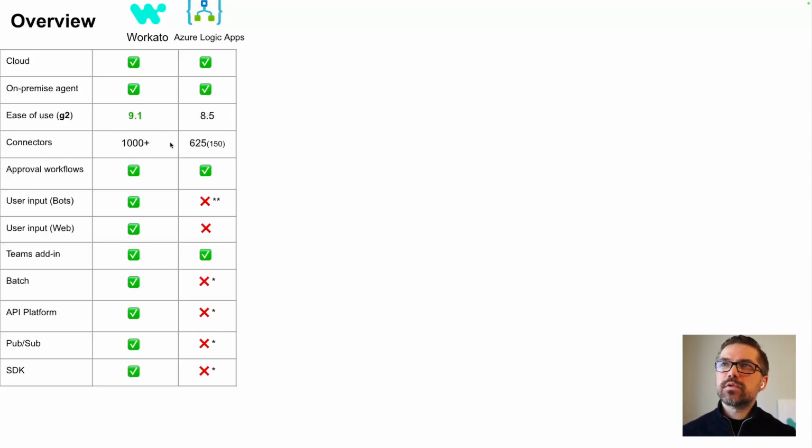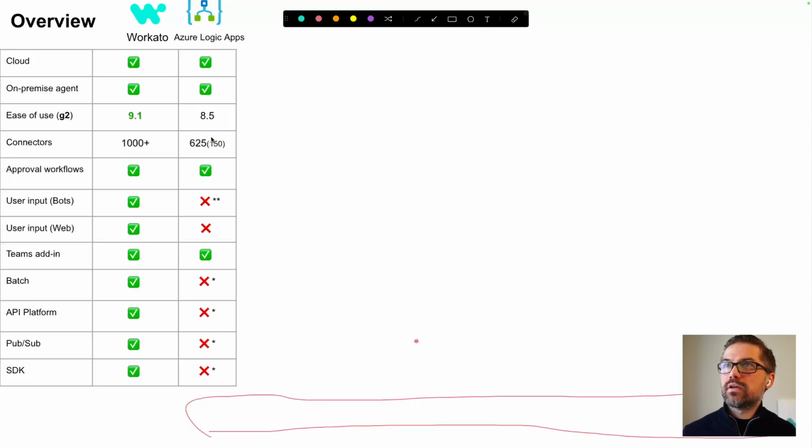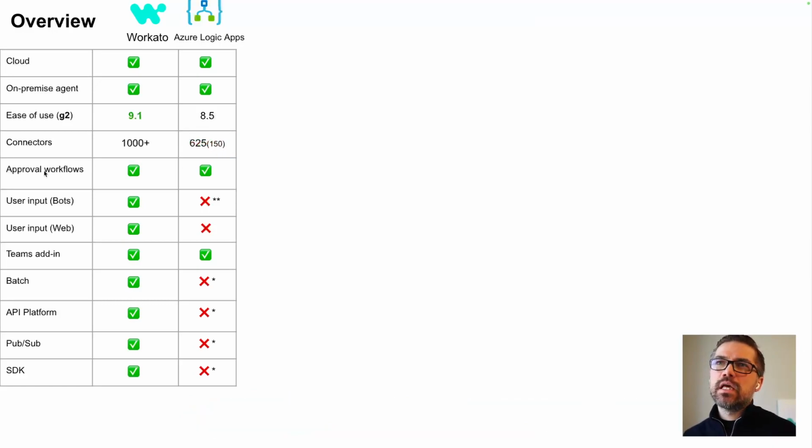When it comes to connectors, it's really easy to add new connectors, and Workato has more connectors. But in Logic Apps, a lot of those connectors, especially the 150 I have here in parentheses, are for Office 365 internal things. So in reality, we're talking about 400 connectors to something that is not Microsoft.